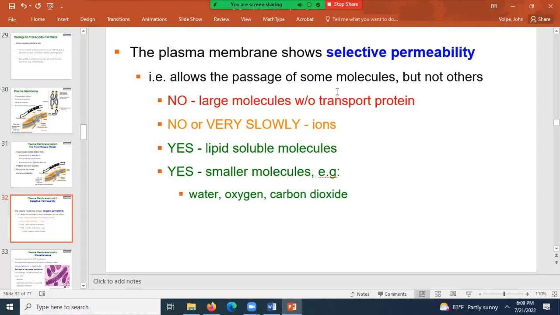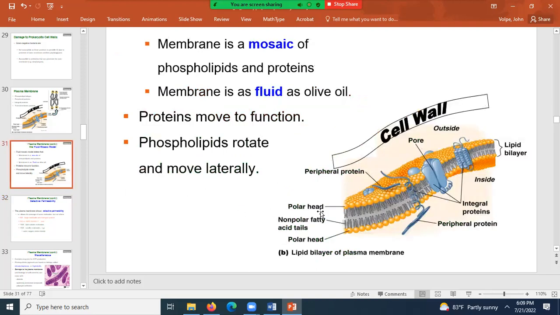Ions do not move through the lipid bilayer, or they move very slowly. The reason is an ion is a charged molecule, and the charge does not want to be in this lipid portion of the bilayer. It'll be repelled from this region.